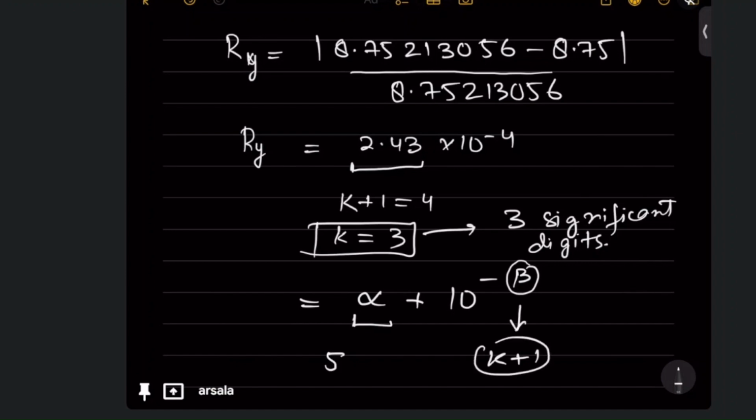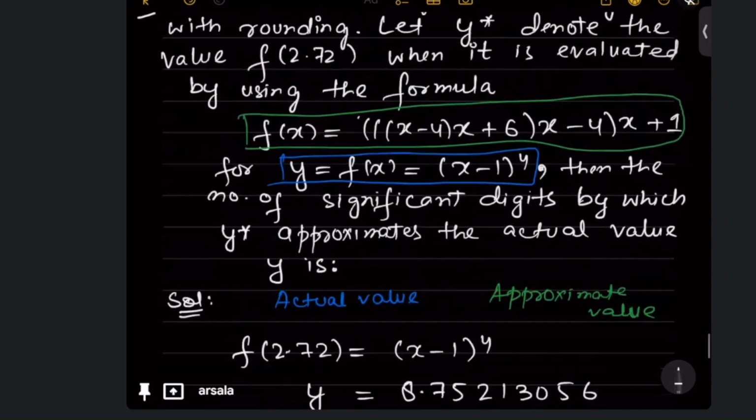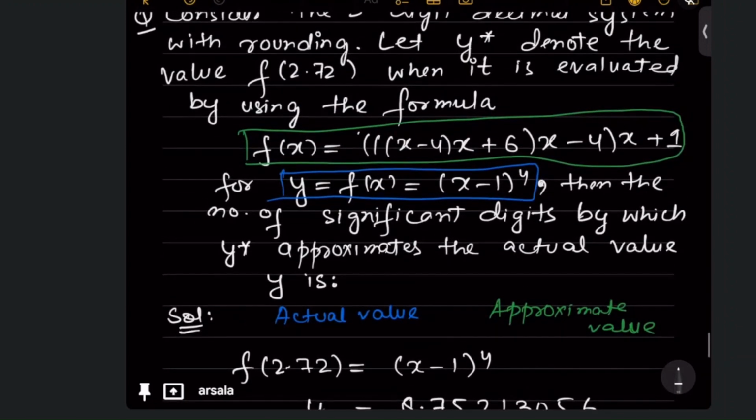And here you see that it approximates the value of the function correctly up to k significant digits. So here k plus 1 was 4, then we say that k is equal to 3. So we say that the given nested function approximates the value of the actual function, which was x minus 1 to the power 4, up to 3 significant digits.